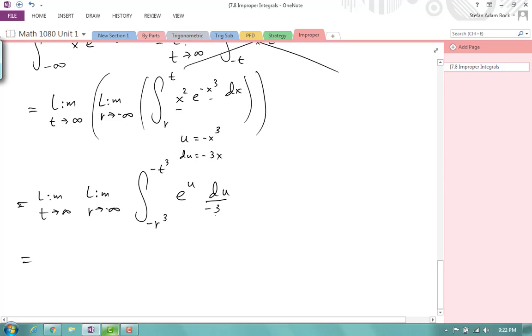This is equal to, the negative 3 can actually come all the way out here because of limit and integral properties. But the antiderivative of e to the u is just e to the u. So this is e to the u from negative r cubed up to negative t cubed.